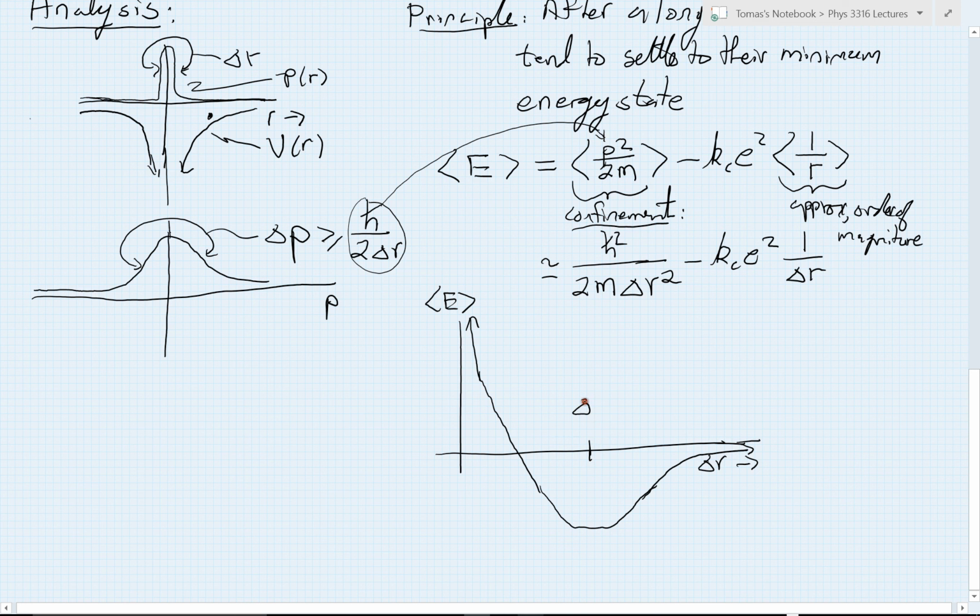And that minimum value, I will call delta R star, that then represents the minimum energy configuration of my system, and that then is what's going to tell me exactly the size of my atom, delta R, the spread that the electron should have. So now we're going to go ahead and determine that through a standard calculus approach by setting our derivatives equal to 0.